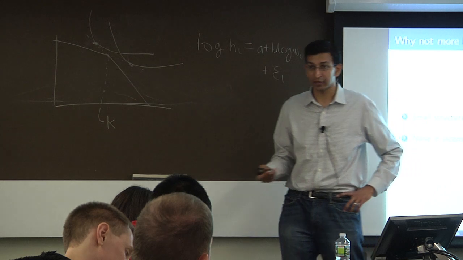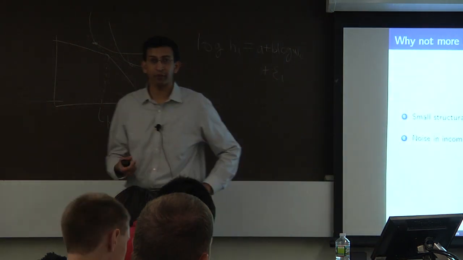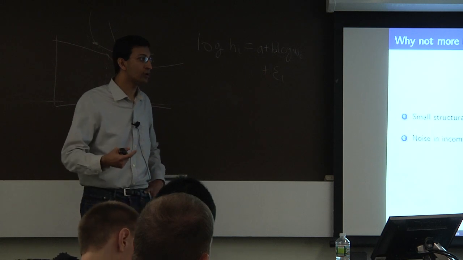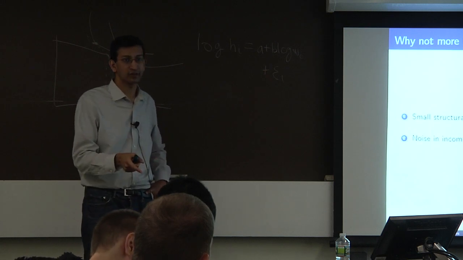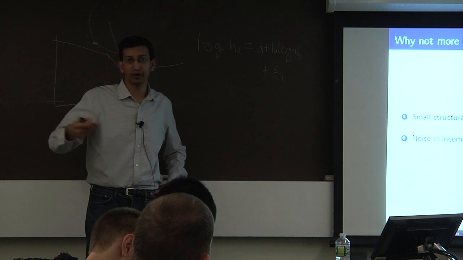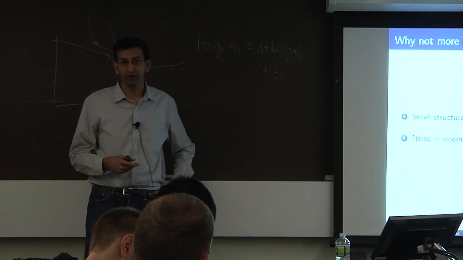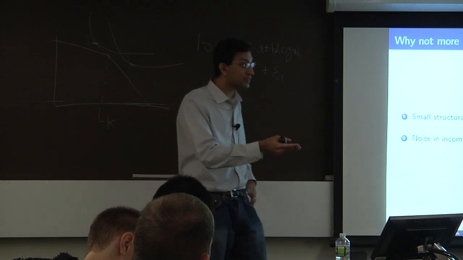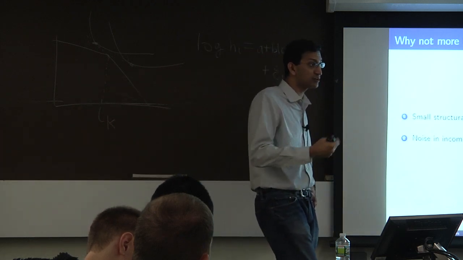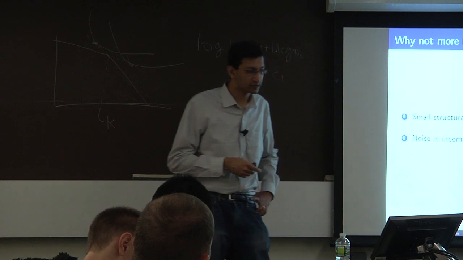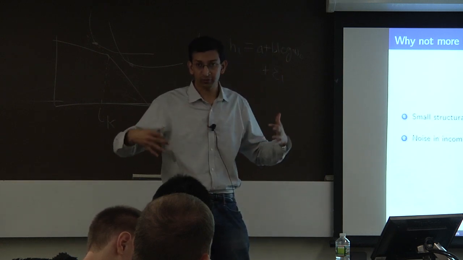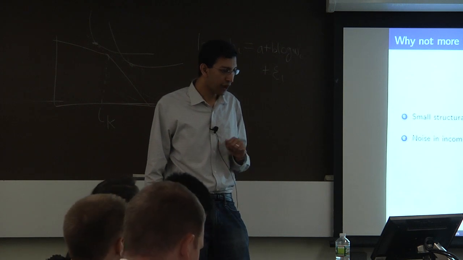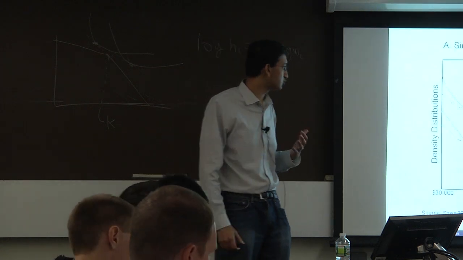That kind of functions like measurement error. But what's different from measurement error is that I'm also optimizing relative to that. So I know that there's no point in perfectly trying to target the kink because there's some chance I'm going to have a bigger deduction, mortgage interest deduction or whatever. There's some noise, and if I'm optimizing, I'm going to take that into account when I choose my labor supply. So in principle, this could explain why we don't see much bunching. But in practice, it doesn't really do the job.